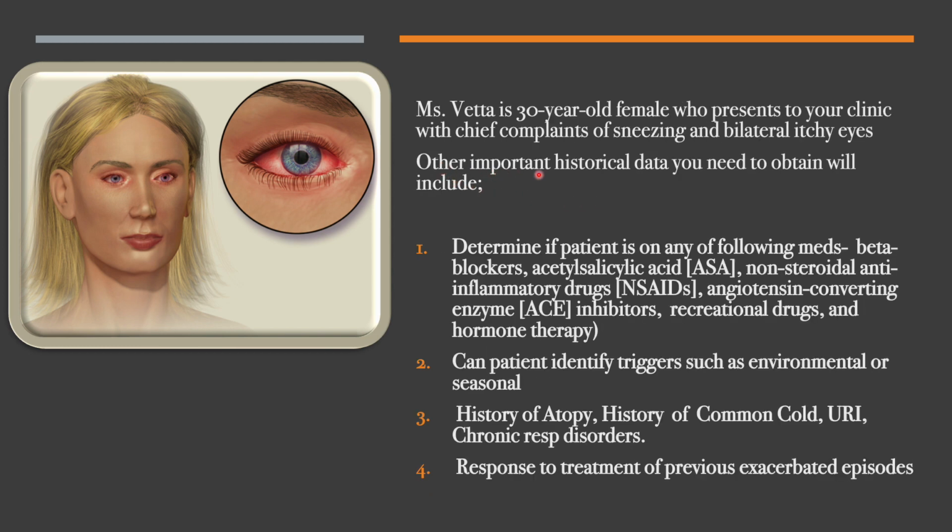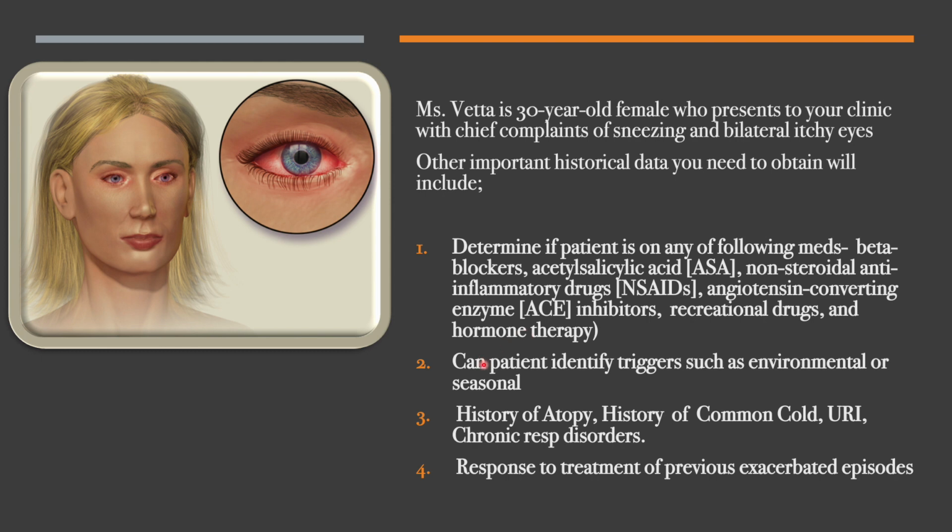Next, other important historical data you need to obtain will include the following: determine if patient is on any of the following medications: beta blockers, acetylsalicylic acid aspirin, NSAIDs, ACE inhibitors, recreational drugs, hormonal therapy, or OCPs.